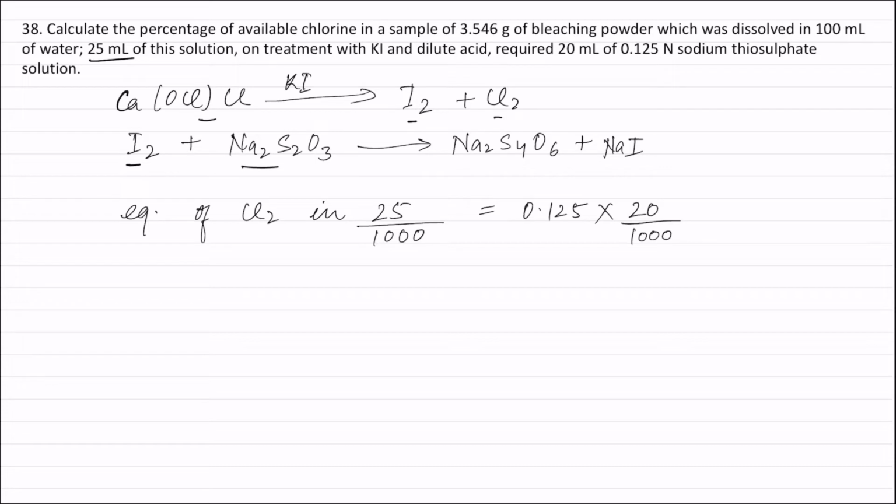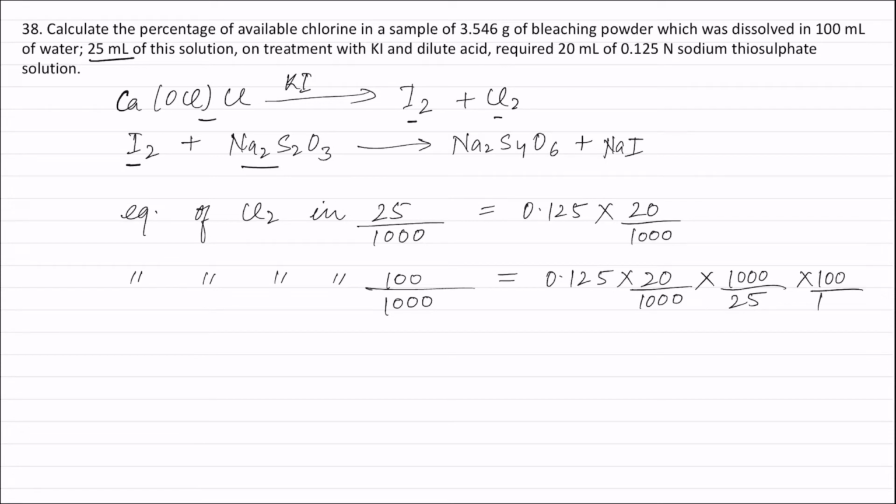And from this, the equivalents of chlorine in 100 by 1000 liters of solution will be equal to 0.125 into 20 by 1000 into 1000 divided by 25 into 100 by 1000, and this is equal to 1 by 100 equivalents.